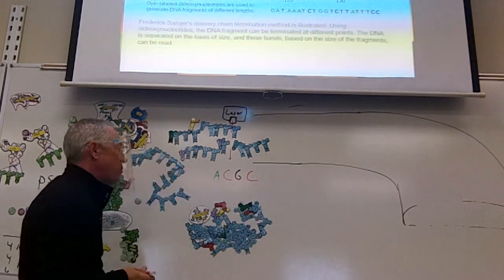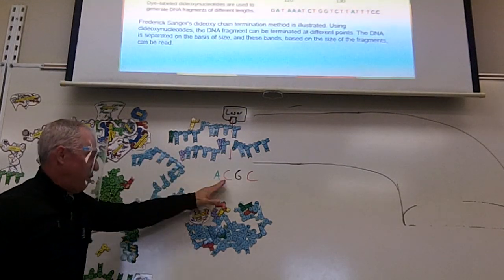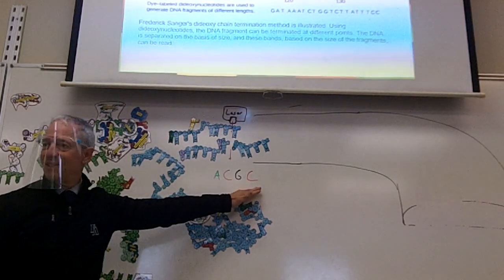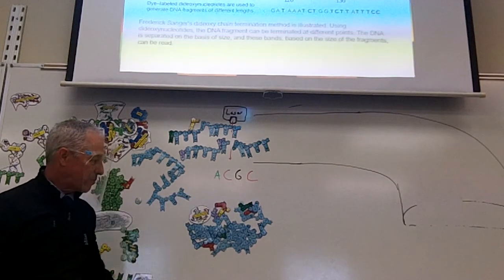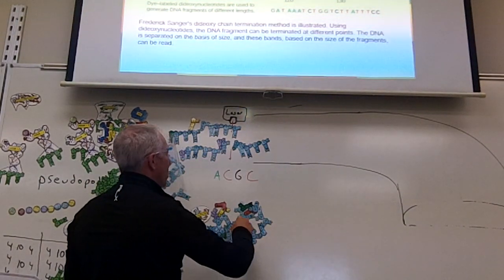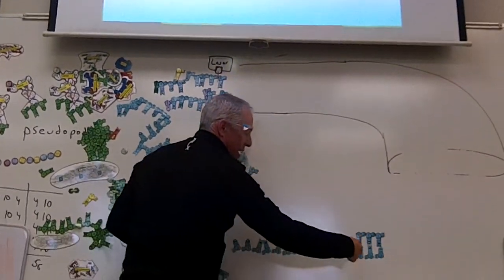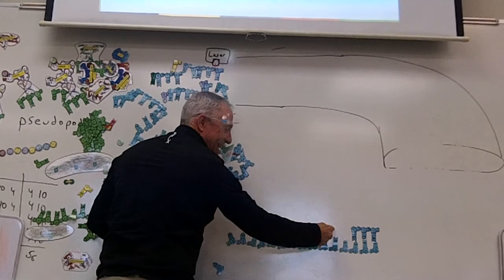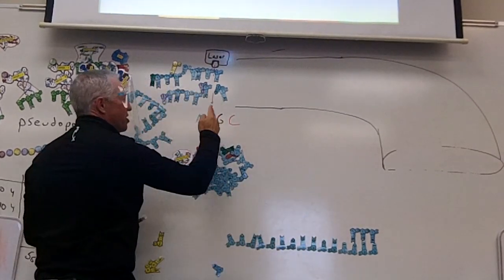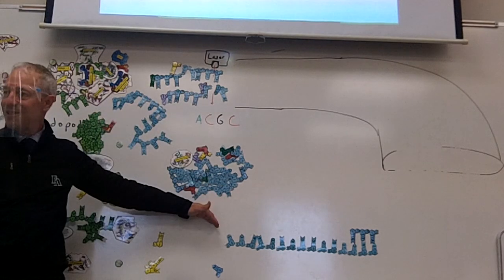So C is the fourth one. So, as these things are coming through, you're reading the sequence. And so we know the primer was ATG, and then we know the next base, and the next base, and the next base. You just read these off so the computer can build a sequence.